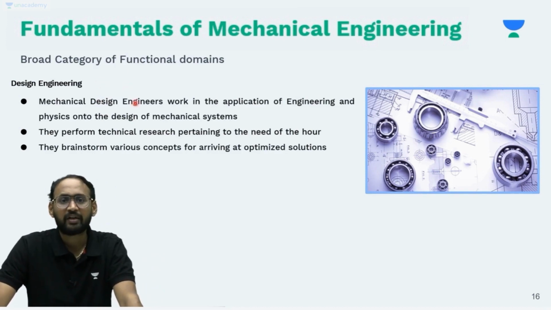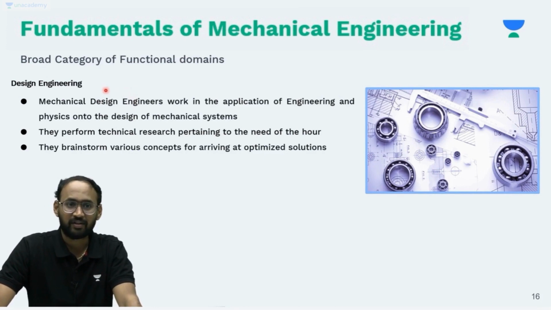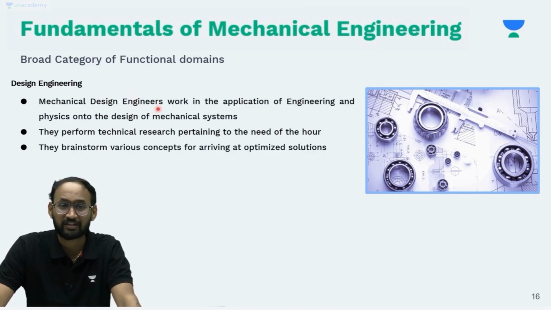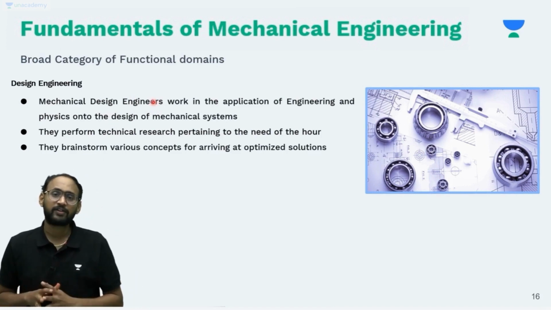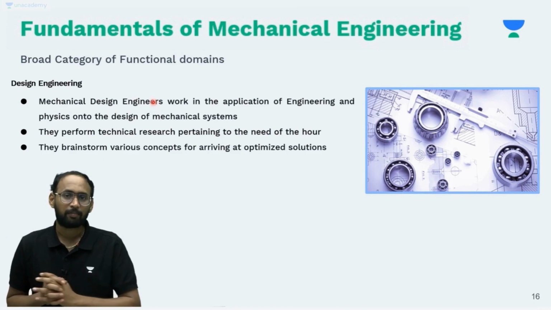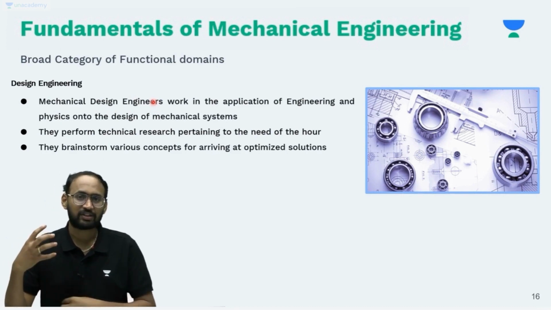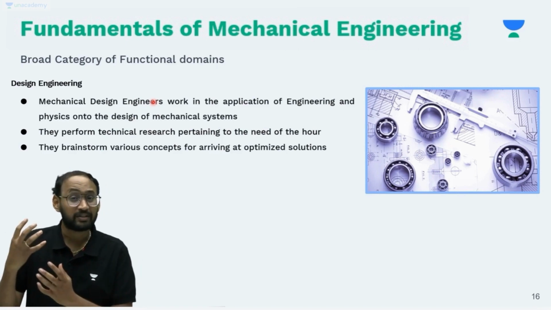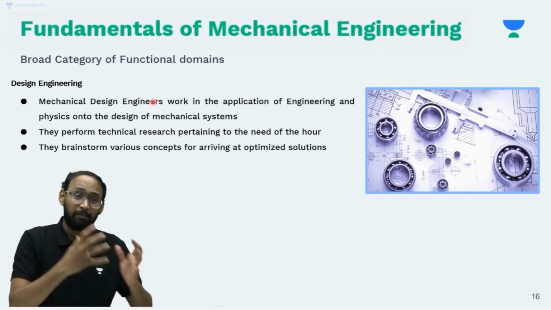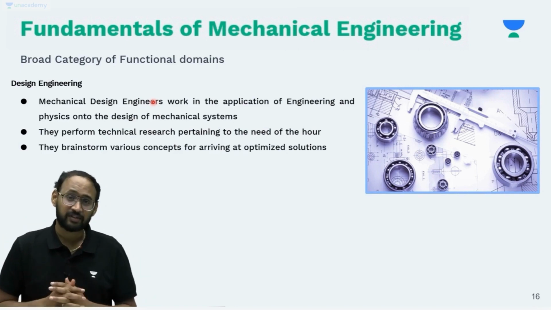So here, if you are a mechanical engineer working in the design engineering team, you can also call yourself a mechanical design engineer. Your objective is to design or give a solution or a blueprint of a particular system through the application of engineering physics.